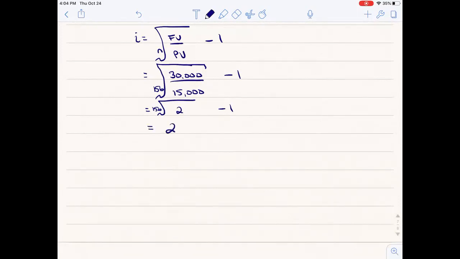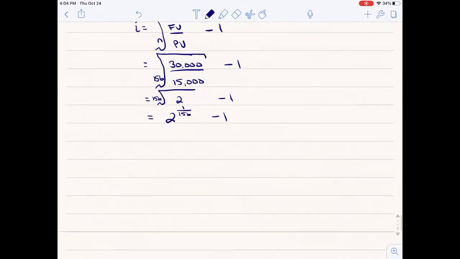Well, you can rewrite this as 2 to the power of 1 divided by 156, and then minus 1. Don't forget that minus 1. Because just as a rule, you can rewrite any root as whatever's inside to the power of 1 over the root, right? That's how we do these weird roots.